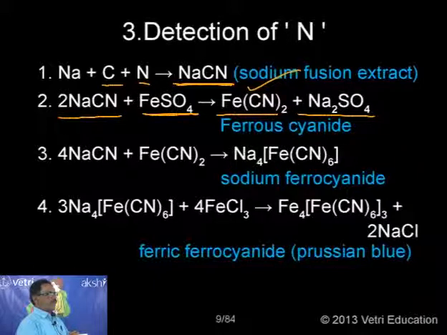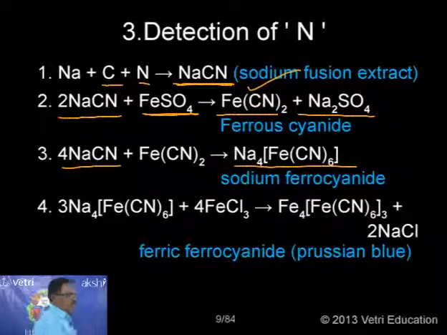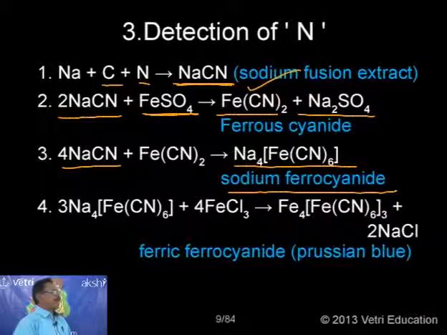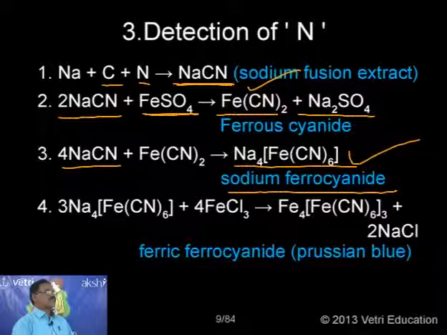And because excess sodium cyanide is present in the solution, it combines again to form sodium ferrocyanide, Na4[Fe(CN)6]. So when we add freshly prepared ferrous sulfate to the sodium fusion extract, we get sodium ferrocyanide, a complex. It's a coordination compound.